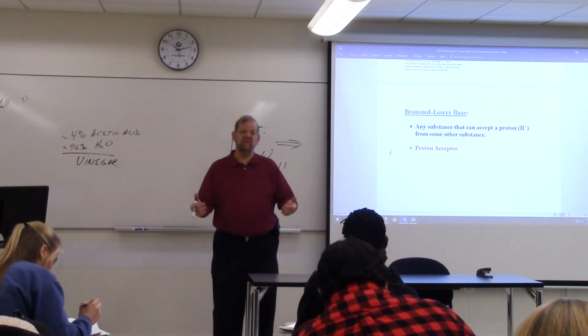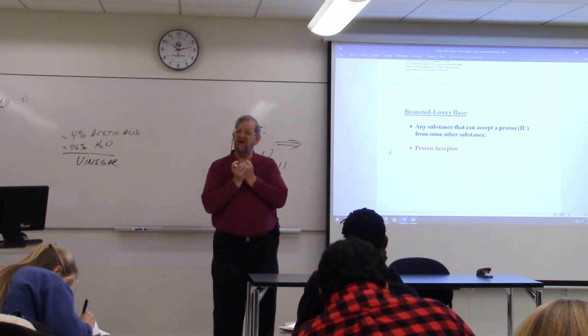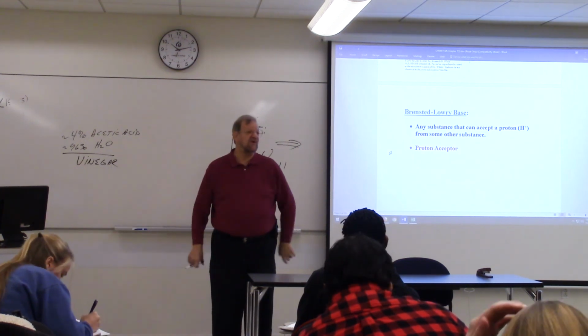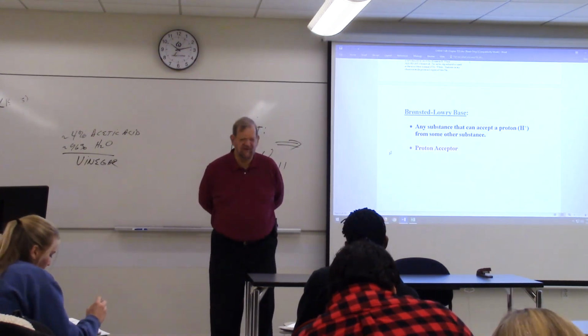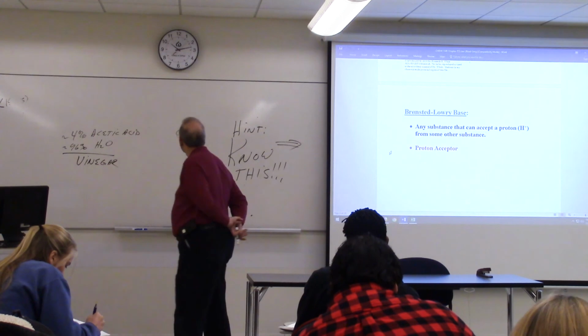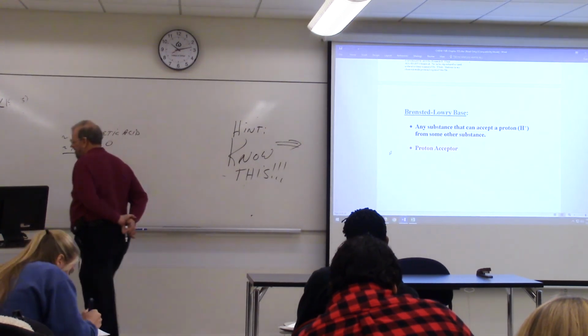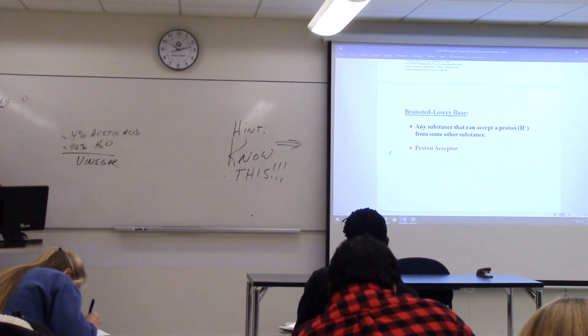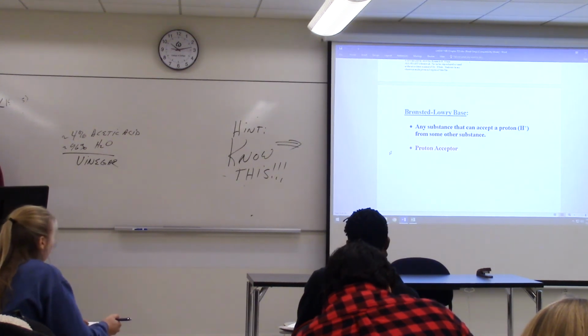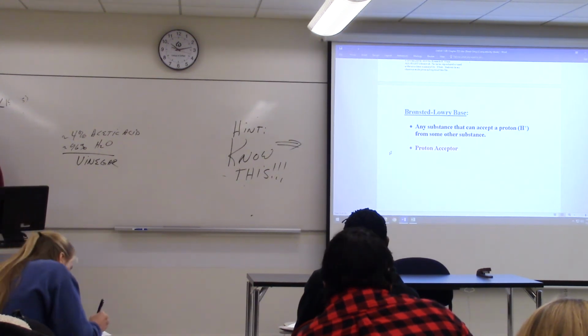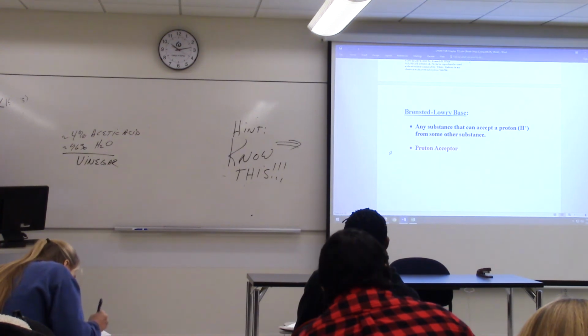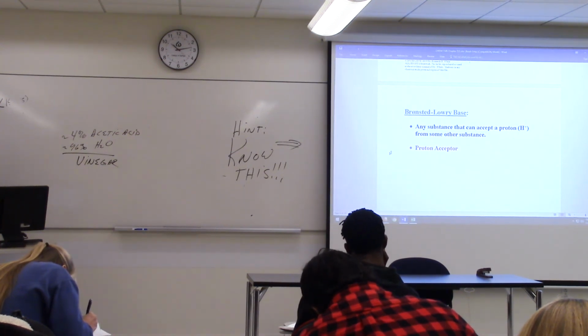Proton, H+. If I want it, I'm a base. If I want to give it to you, I'm an acid. And you should know this. And it turns out all the bases under Arrhenius are also bases under Bronsted-Lowry, which is a good thing, which is why their theory is so beneficial to chemistry.